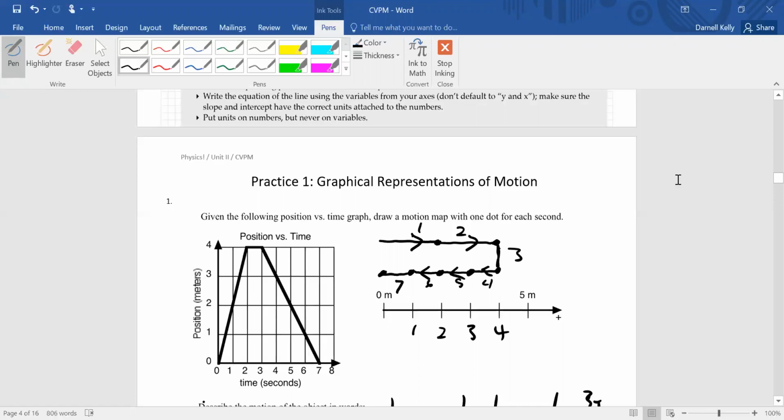You can write it down on paper, and once you've got it done, you can just tell me. Wait, Mr. Kelly, we find velocity on what else? I just want you to find the slope of both of these lines, and then tell me what the velocities are. Okay, thank you.